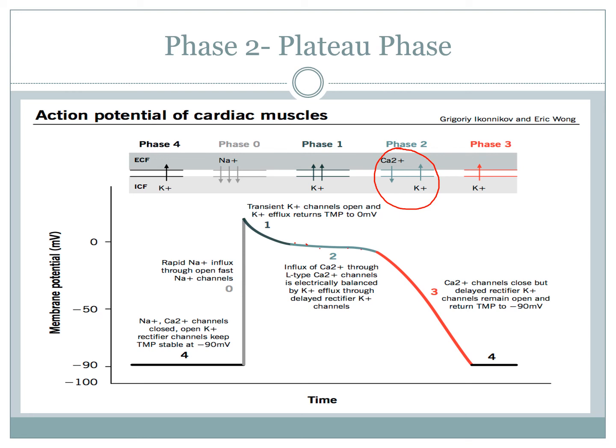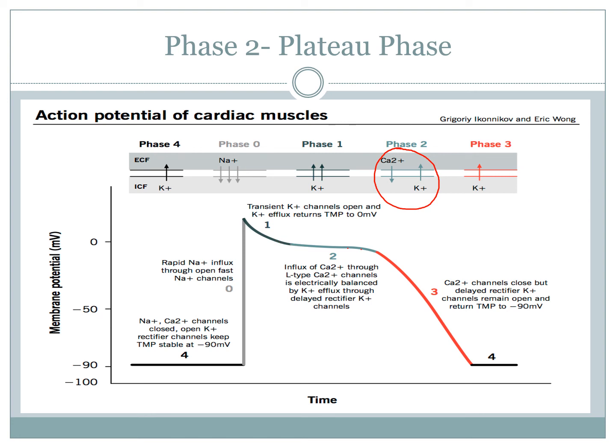Then it sort of holds, and then you start to relax in phase 3. If it wasn't for the calcium's slow movement, and you just relied on that rapid potassium movement, then essentially it would be phase 0, phase 1, phase 2 would be tiny, and then phase 3 would drop straight down. It would not work as well as the contractility of the heart does. So calcium plays a huge role in that.